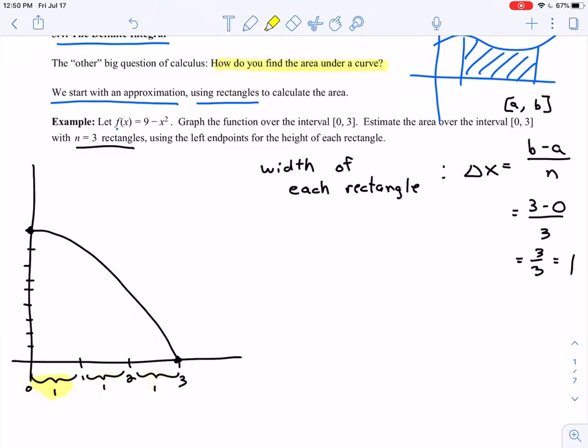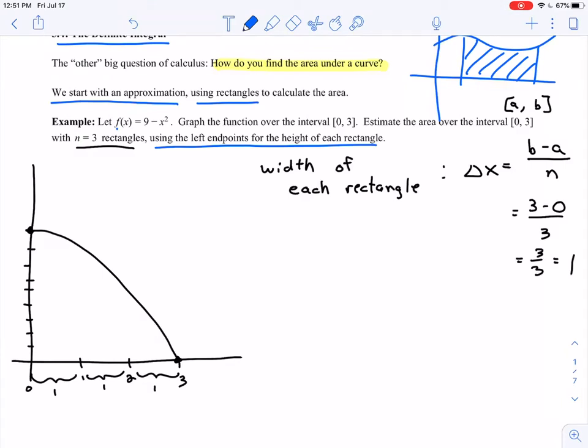We just need to find the height of the rectangles. So first of all, let's actually just draw in the rectangles here. Let me do that in a different color. How about blue? So I'm going to first look at this interval right here between 0 and 1. The other key piece of information that we have is we want to use the left endpoints for the height of each rectangle.